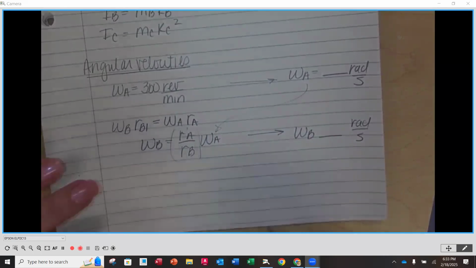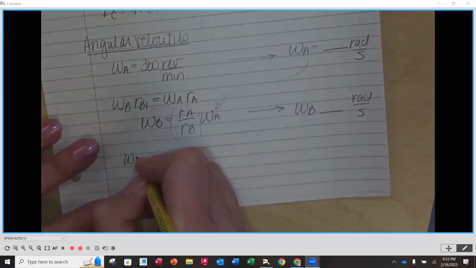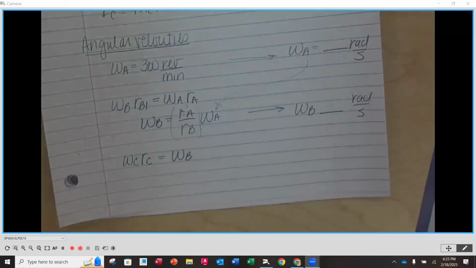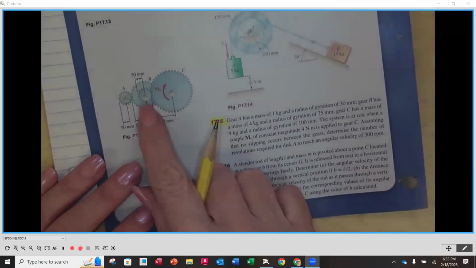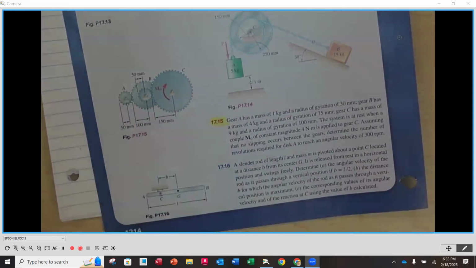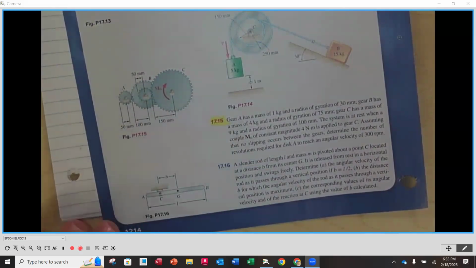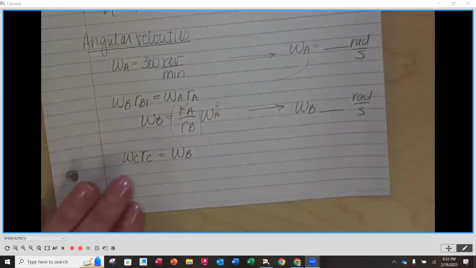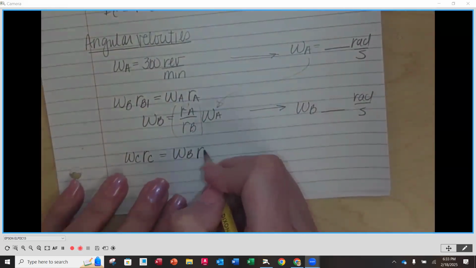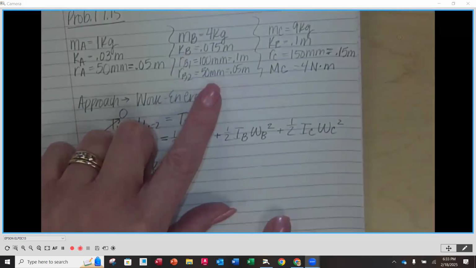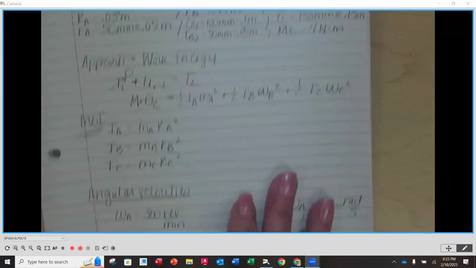Same thing for WC. We can say that WC times RC is going to be equal to WB times, and be careful here, because remember, on the same shaft on B there's a forward gear that engages with C, and its radius is different than the one that engaged with A. So you need to multiply this by RB2. Up here, RB2 was different than RB1.